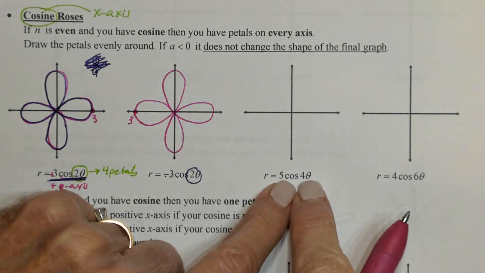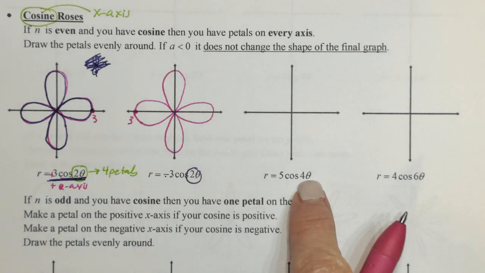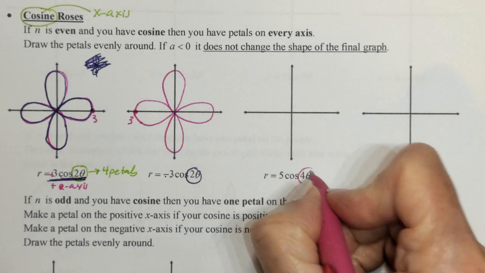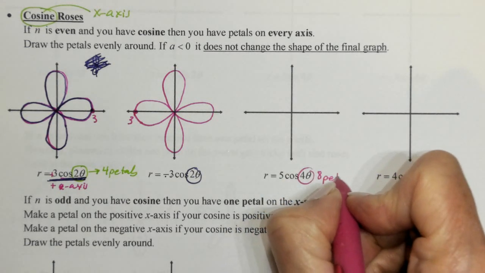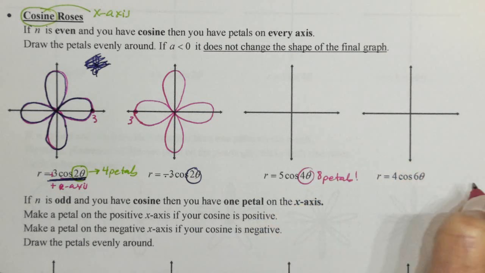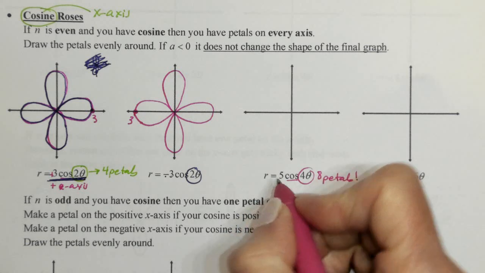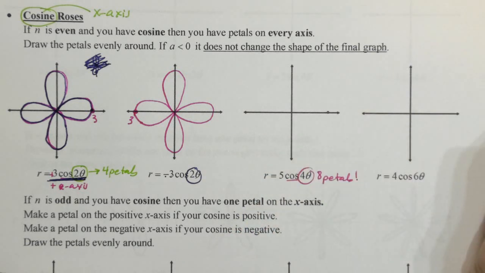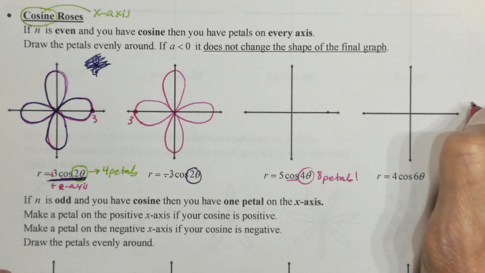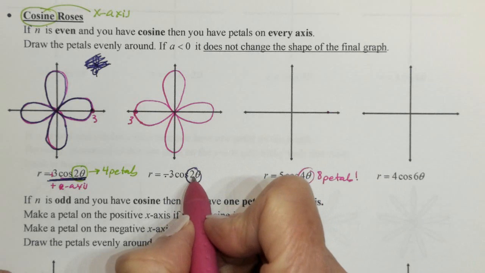Okay, this one is going to have 8 petals. And it's a cosine, and it's a positive cosine. I know I'm starting on the positive x-axis right there. Okay? 8 petals are harder to draw than 4 petals are.